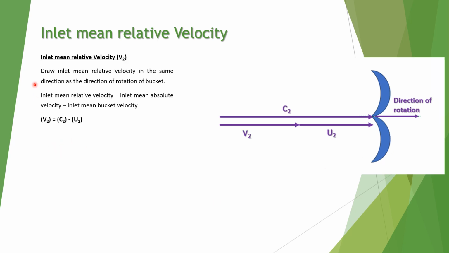Inlet mean relative velocity v2: draw the inlet mean relative velocity in the same direction as the direction of rotation of the bucket. Inlet mean relative velocity is equal to inlet mean absolute velocity minus inlet mean bucket velocity. So v2 is equal to c2 minus u2.